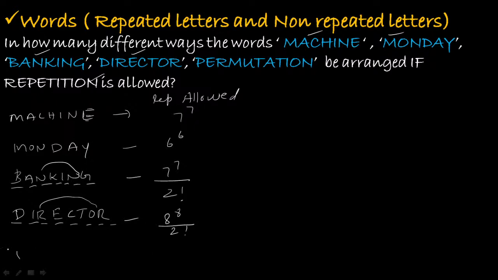The last one, permutation, P-E-R-M-U-T-A-T-I-O-N. The word permutation has 11 letters. So 11P11 divided by, is there any letter that repeats more than once? Here T repeats 2 times. So divided by 2 factorial.